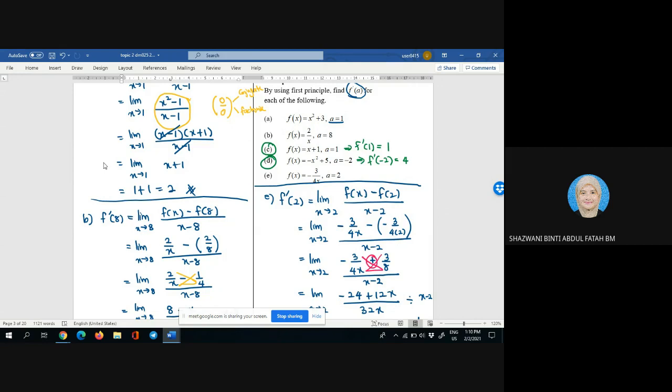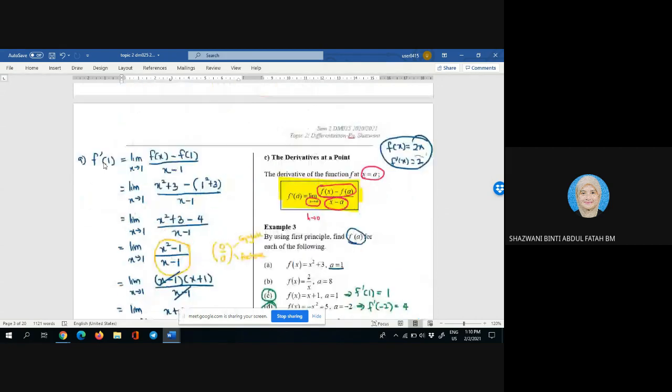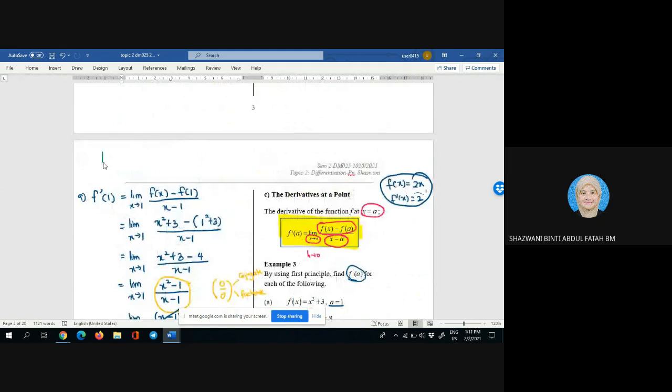We finished first principle general yesterday, and today derivative at a point by using first principle. Remember, first principle is divided into two types: one general, the second is at a point. The general formula is f prime x equals limit h approaches to 0, f(x plus h) minus f(x) over h.